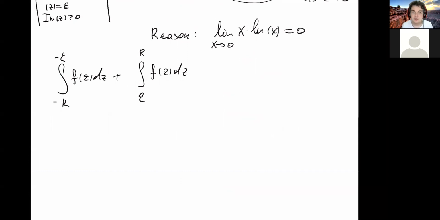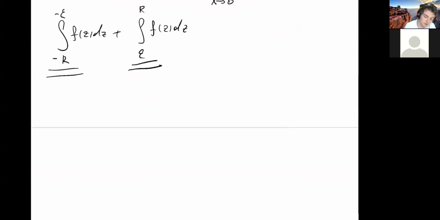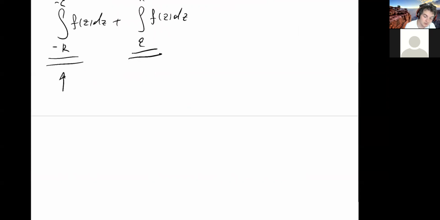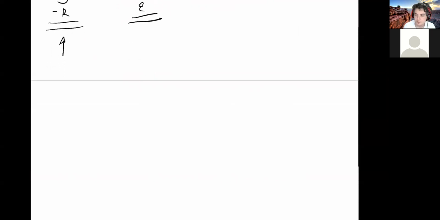And notice that I cannot do my usual thing, because my f of z is very nicely defined here, since f of z involves the log. But f of z is not so nicely defined here because I'm going to get logarithm of a negative number. So I'll need to figure something out about this integral. See, it actually becomes a long problem.